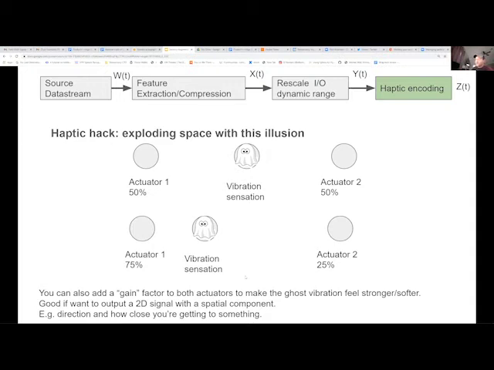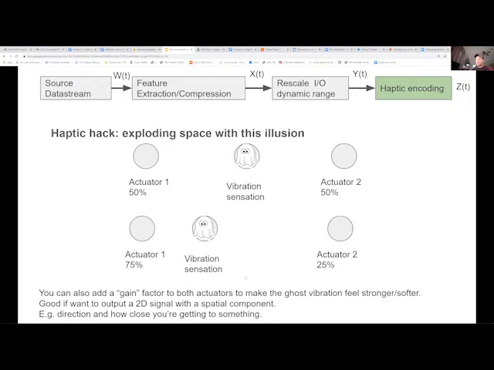The other thing you can do is add on an overall gain factor to this. So you can create these locations of vibration, but also mess around with their perceived strength a little bit as well. And so this is great if you want to output, for example, a two-dimensional signal where one of those dimensions has a spatial component.